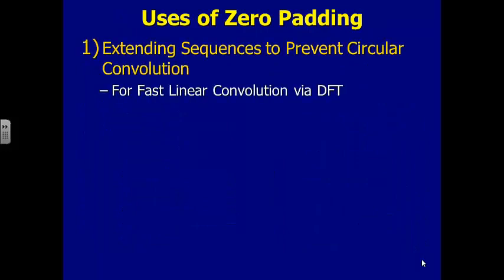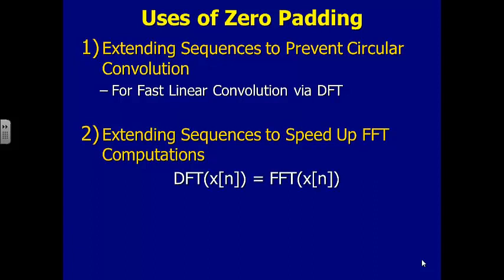So zero padding is a common thing we use to extend sequences to prevent circular convolution. We'll actually often use it to make sequences longer so that the DFT computation runs faster. Now that seems like an oxymoron.